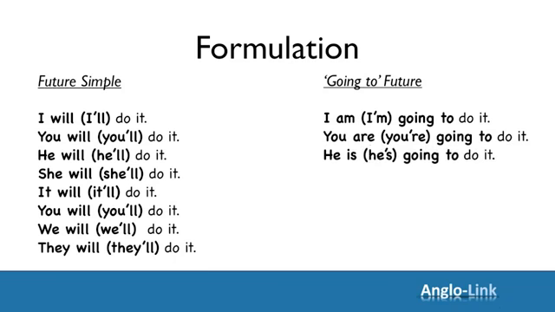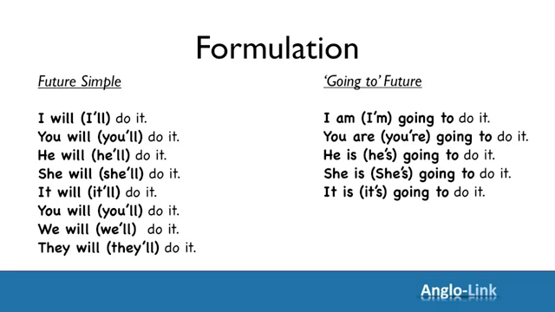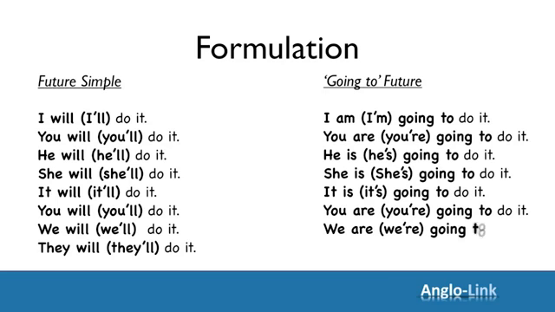He's going to do it. She's going to do it. It's going to do it. You're going to do it. We're going to do it. And finally, they're going to do it.